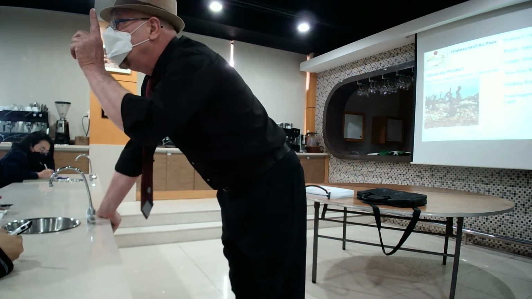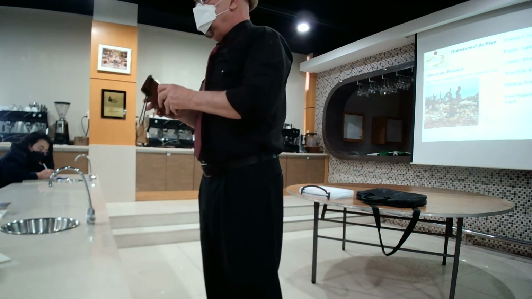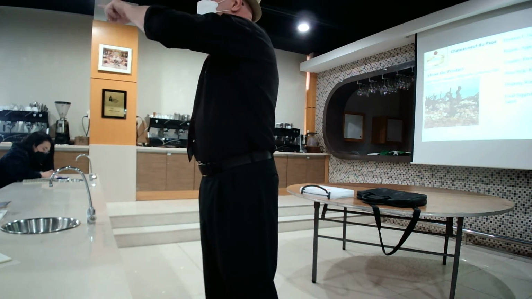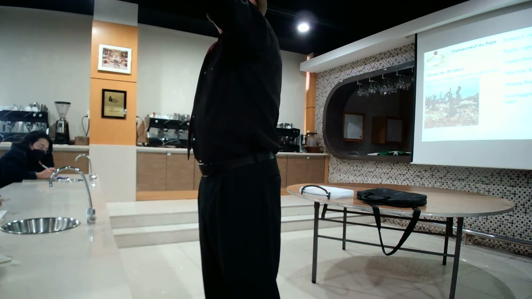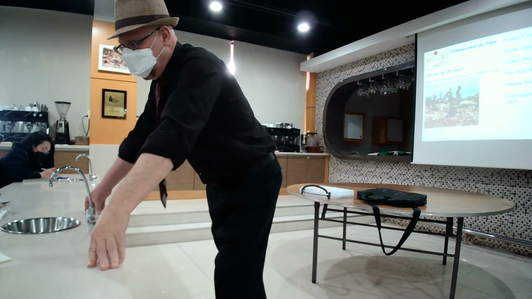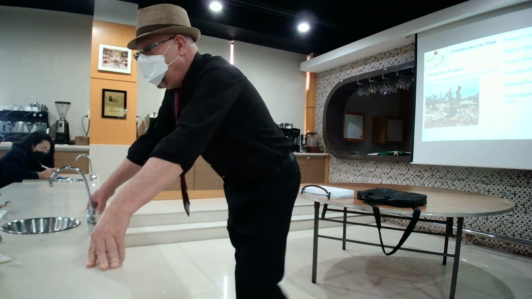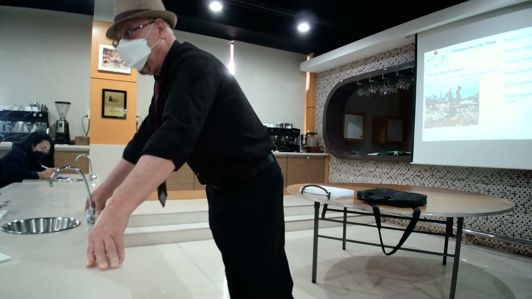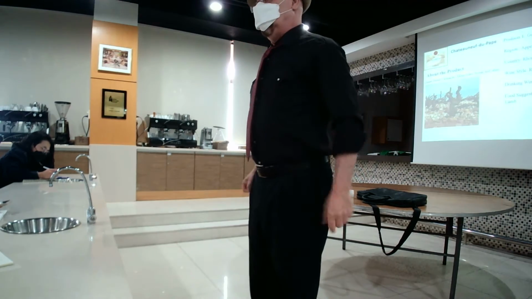Divide by 18 students, or 19? Eighteen, 19, divide by 19. Okay, that's 79 milliliters per student. Now divide that by 28.3. That's how many milliliters in 1 ounce.